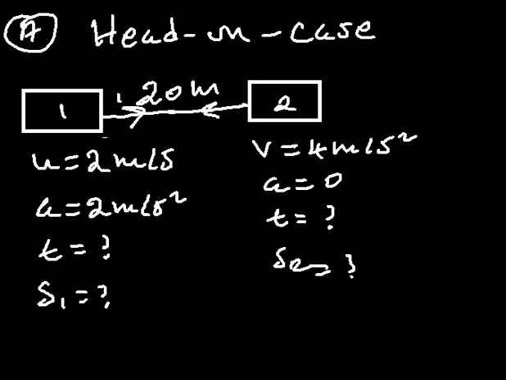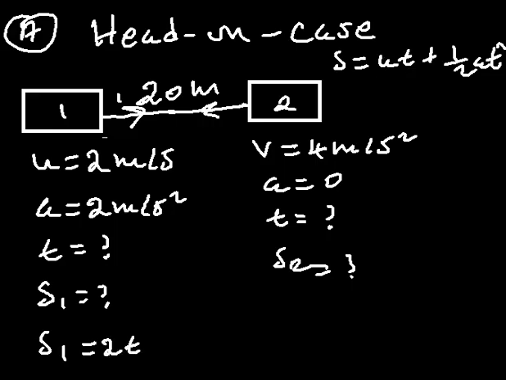But the displacement S1, using the displacement formula, s is equal to ut plus half at square, we substitute for u, which is 2, so 2t, plus the acceleration is 2, and 2 divided by 2 is 1, so 1 times t square. This is equation 1.